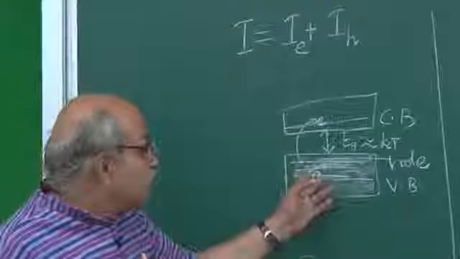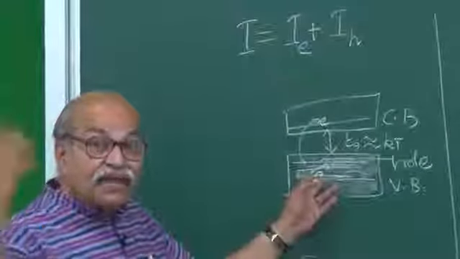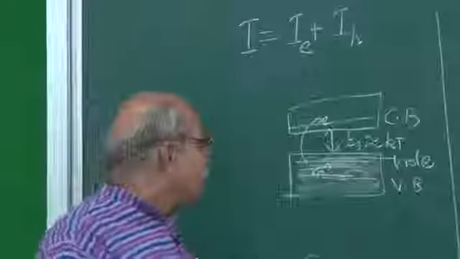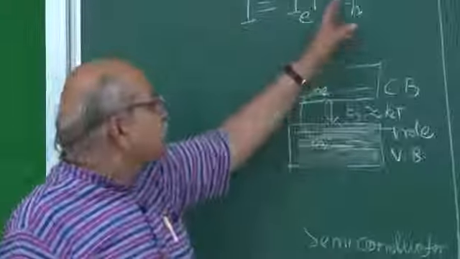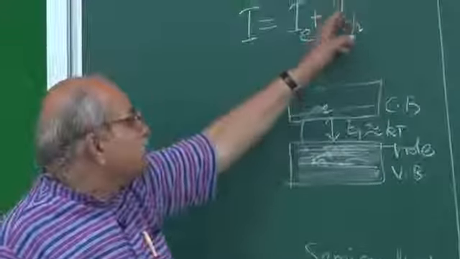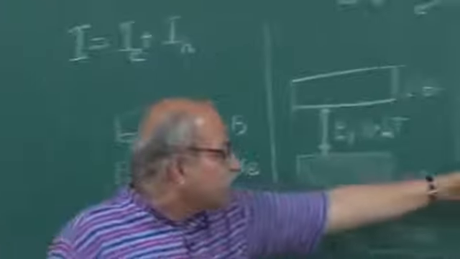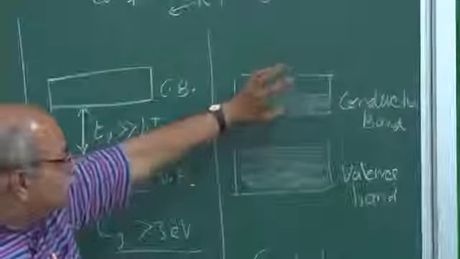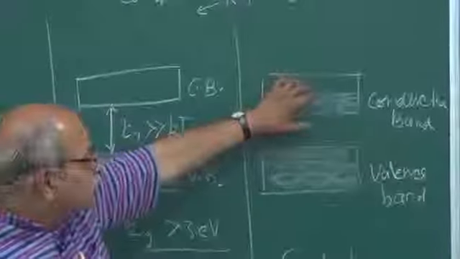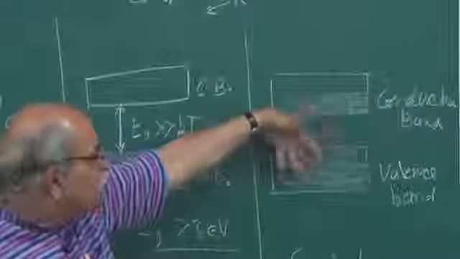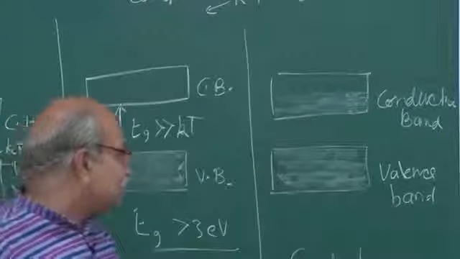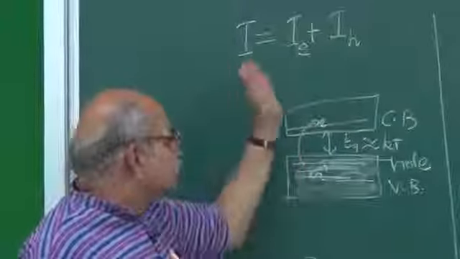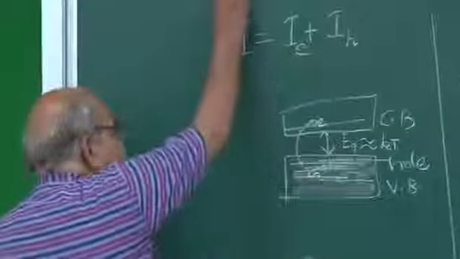These are not that free to move in the entire crystal, but even in their localized domain they can make some current, which you can call IH. Here it is not the case. Here these electrons are in large numbers, and therefore even if some holes are there, it's almost negligible. So this is the kind of conduction mechanism which is there in semiconductors.